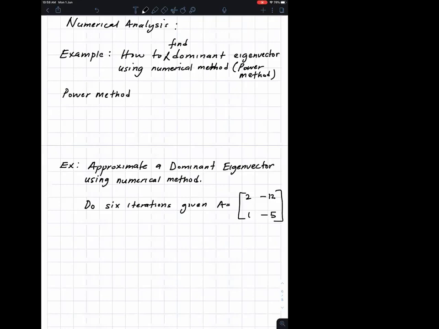Now we're going to use numerical analysis to find the dominant eigenvector. As usual, we have to do a certain number of iterations so that the solution will converge. Here you're asked to do 6 iterations.